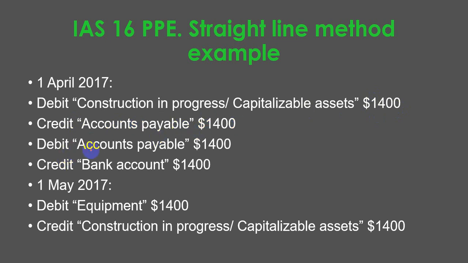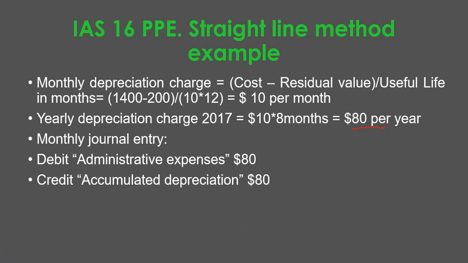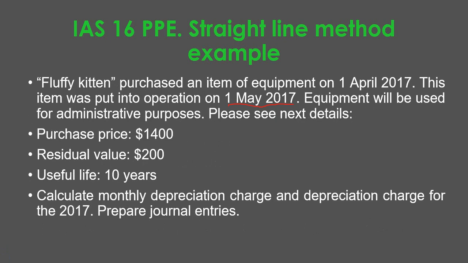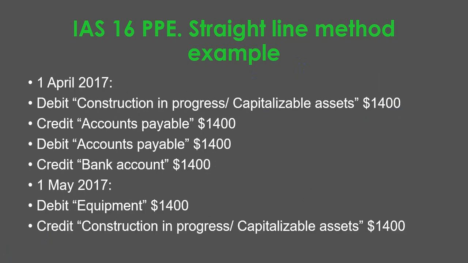If the payment was made at the same date, we debit our accounts payable for purchase price amount and credit bank account for the same amount. As you remember, on 1st May 2017, the asset was put into operation, which means that we need to debit our equipment account.